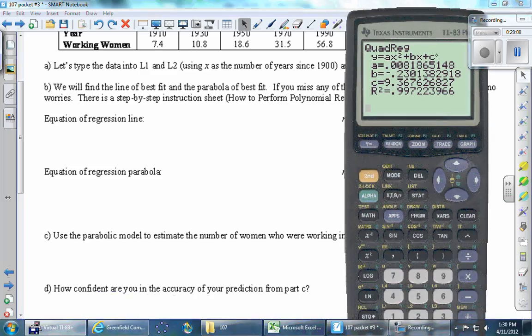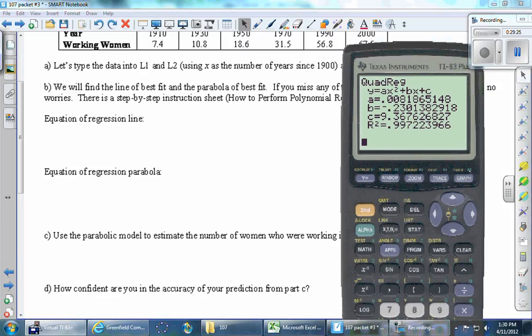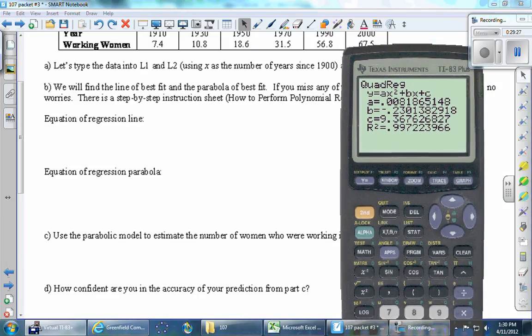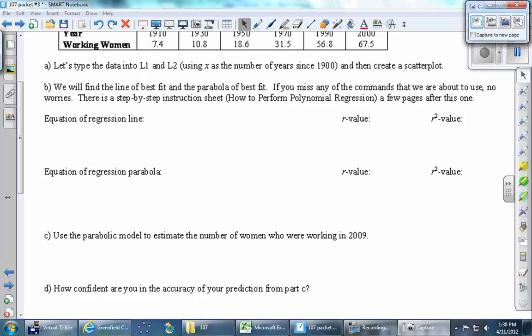I tell you the format of the equation at the top. Ax squared plus bx plus c. How much is a? 0.008. We're just going to go to the nearest 1,000 each time. So you're going to copy that equation, but you're going to put these numbers all to the nearest 1,000. I'm going to go ahead and take a screenshot, and then I'll write my equation.